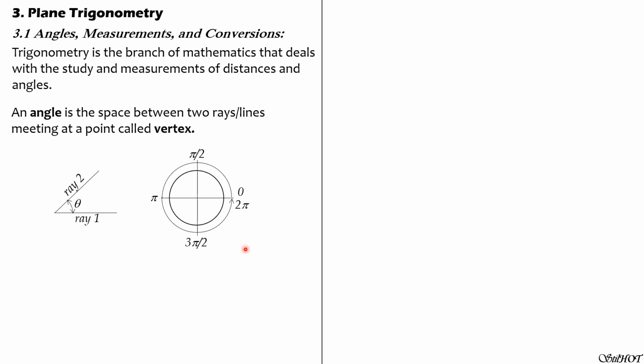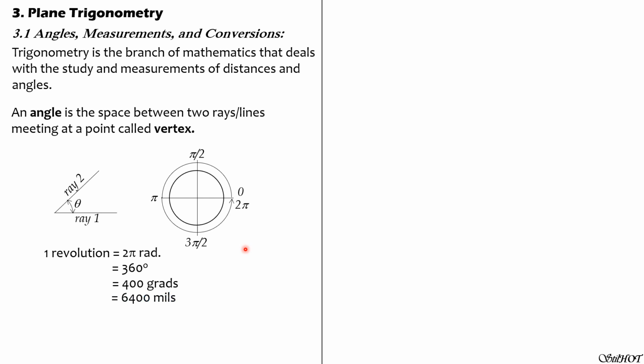Then 1 revolution is equal to 2 pi radians, 360 degrees, 400 grads, 6,400 mils approximately, used in military. Those are the units.